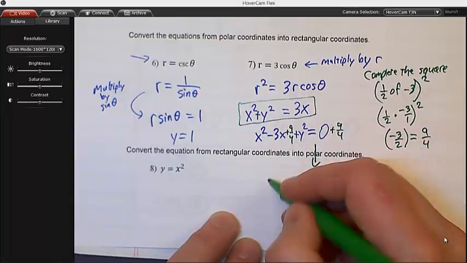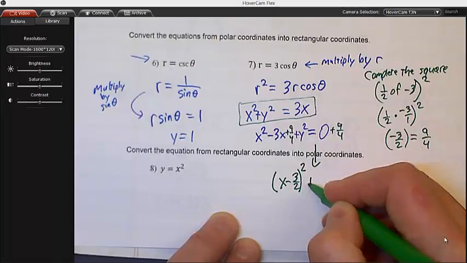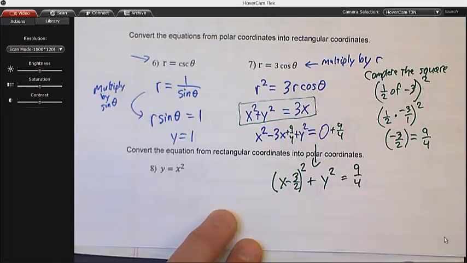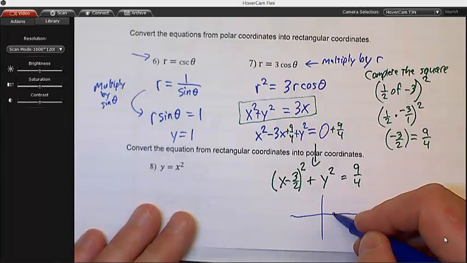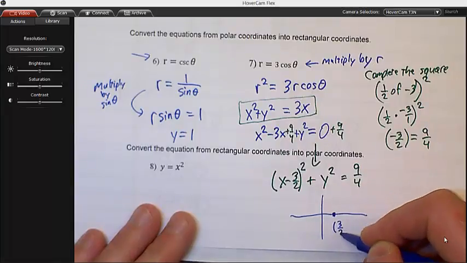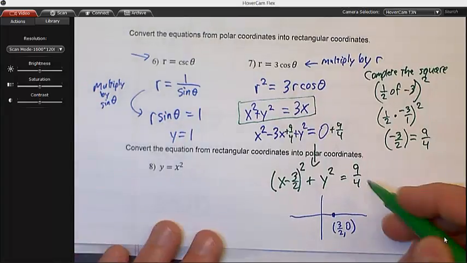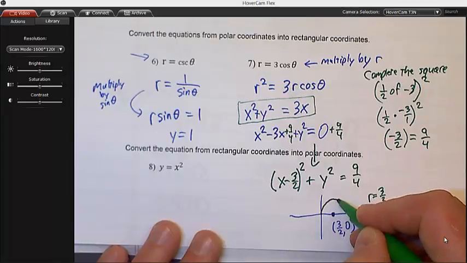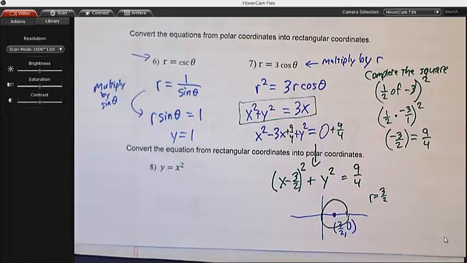But you really do get x minus 3 halves squared plus y squared equals 9/4. So if you were to graph this, it's going to be a circle. The center would be at 3 halves comma 0. And since it also has a radius of 3 halves, the circle goes through the origin. So that's the game.